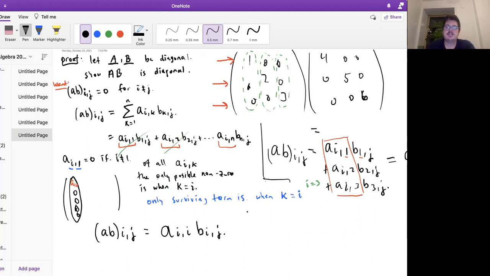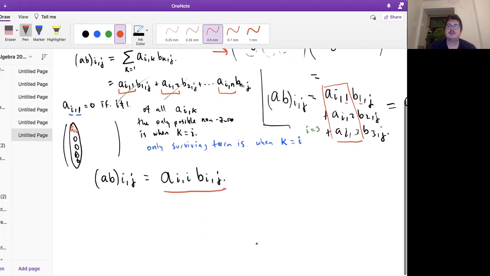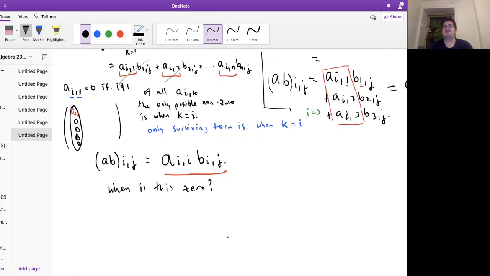Okay, so what can we say about the result here? This is the ij entry in a product where A is diagonal. So we haven't yet invoked that B is diagonal yet, right? So when is this 0? Think about B now.